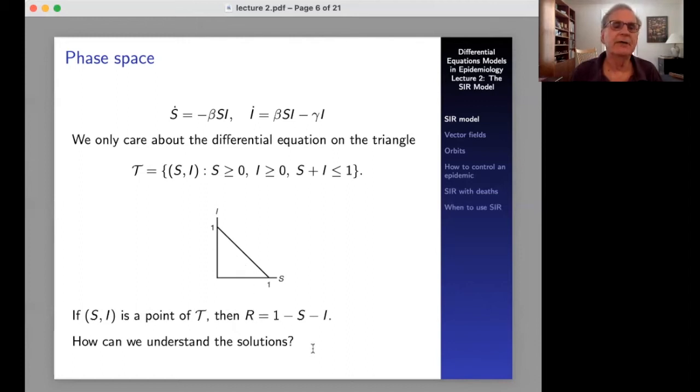Perhaps I'll point out here that the SIR model can also be used for diseases that are sometimes fatal. We're ignoring that for the moment for simplicity, but we'll discuss that at the end of the lecture. Nothing changes with the model. We're interested in solutions to this differential equation. How can we understand them?